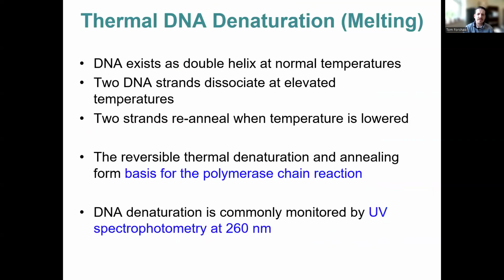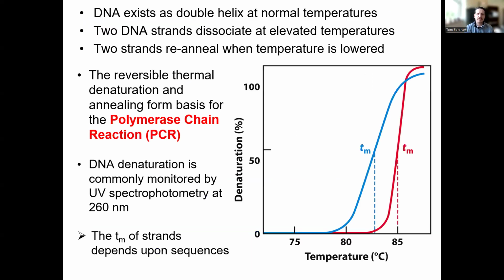The temperature at which the DNA breaks apart is known as the melting temperature. So the heat required to make the two strands break apart into two single strands is called the melting temperature. The different sections of the DNA are going to have different melting temperatures.